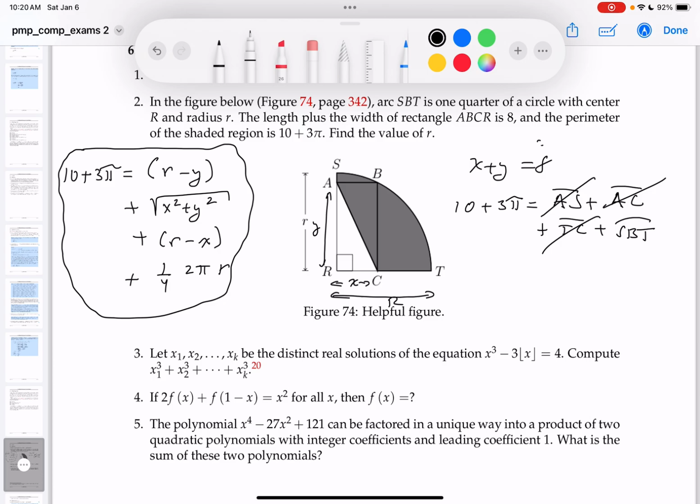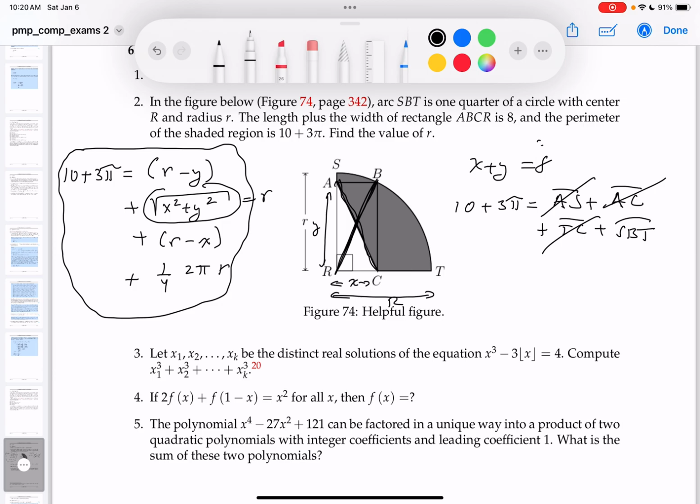What I notice right now is something that I probably should have noticed from the beginning, that this diagonal here is the same as the diagonal right over here. And that diagonal here, which is this thing over here, is just R. So we go back and draw that down.